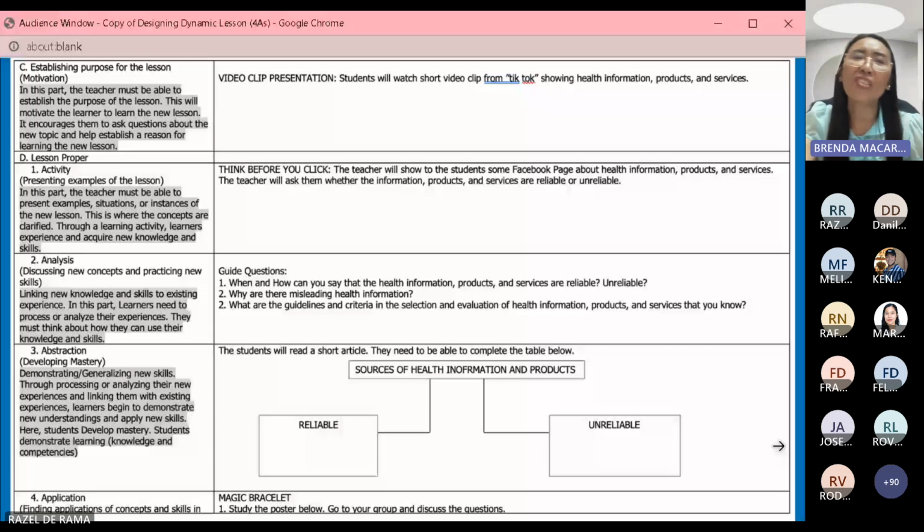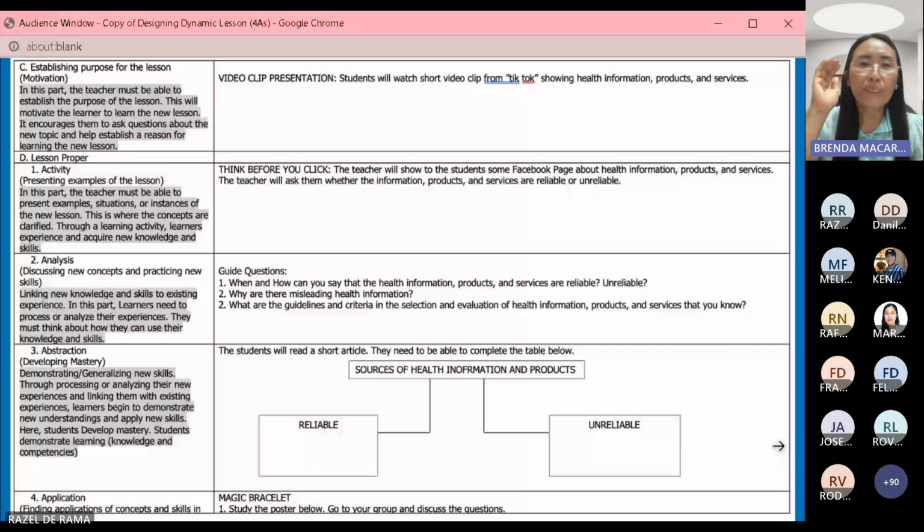So, when and how can you say that health information, products, and services are reliable, unreliable? Why are these misleading health information? What are the guidelines and criteria in the selection and evaluation of health information, products, and services that you know? So, here are the critical thinking skills. So, dito papasok ngayon yung critical thinking skills ng bata. They need to analyze. They need to think deeper.